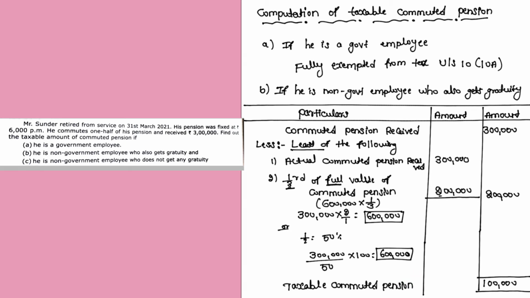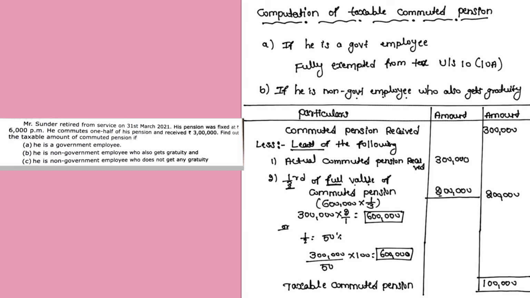If he is a non-government employee who also gets gratuity, we should follow this format. Commuted pension received 3 lakhs, less least of the following. Actual commuted pension also 3 lakhs, and second one 1/3 of full pension. So we have to identify the full value of pension, and they gave in the problem only 50% of the pension, that is 1 by 2.